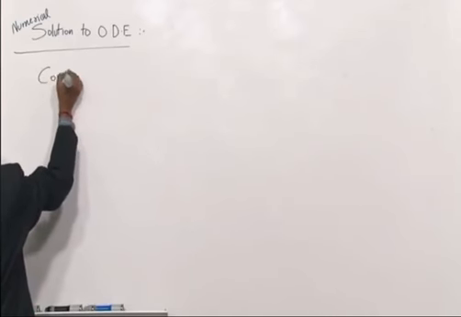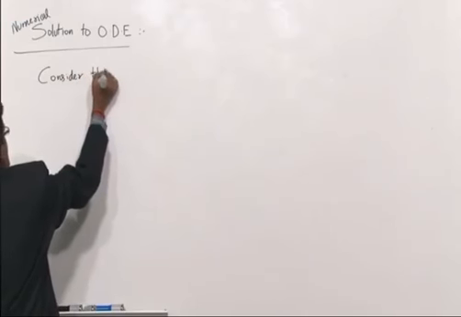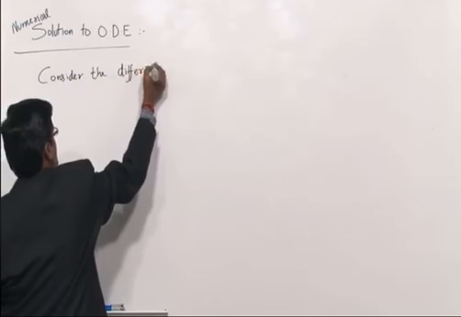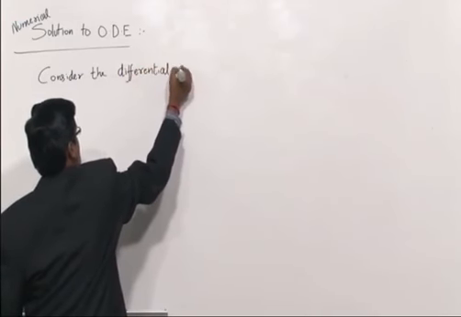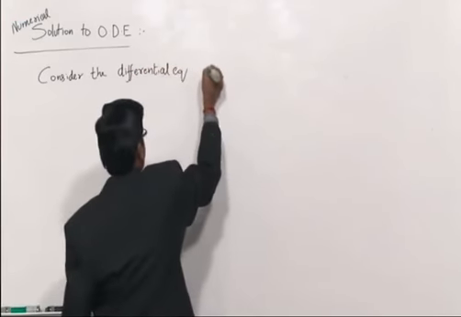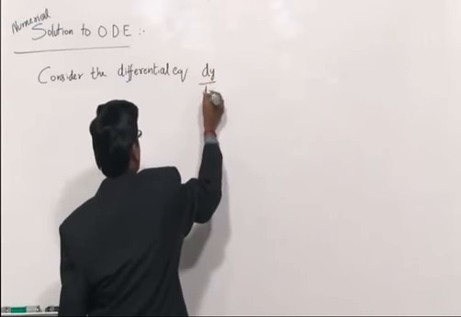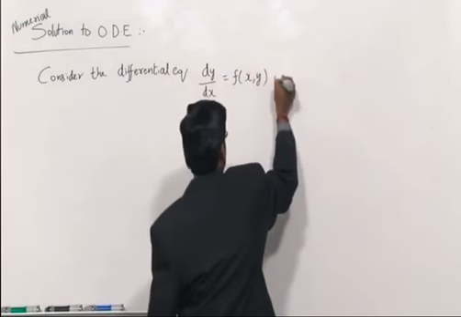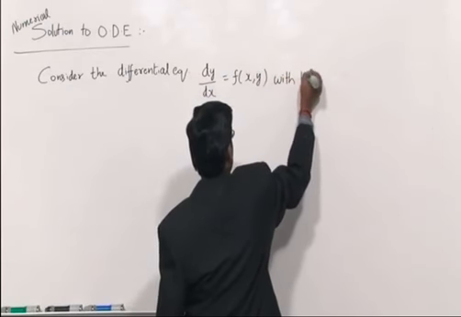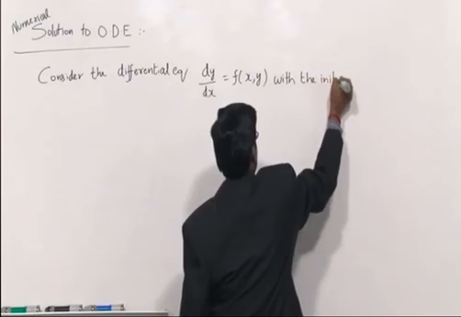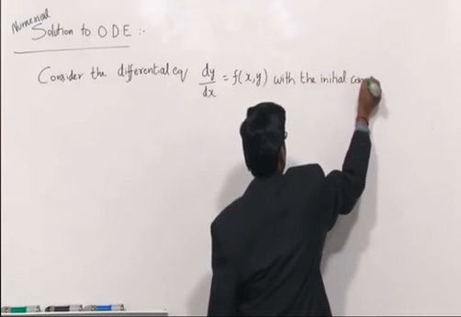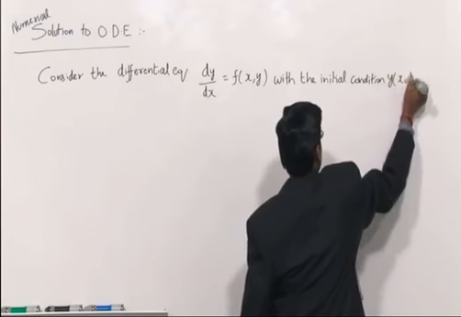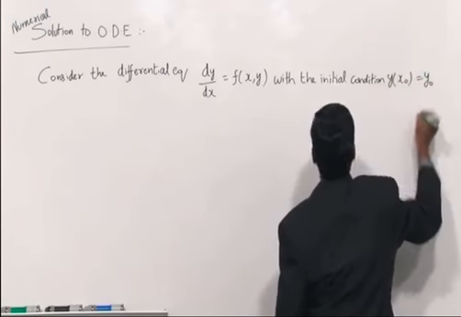Consider the differential equation (EQ stands for equation) dy by dx is equal to f of x comma y with the initial condition y of x naught is equal to y naught.